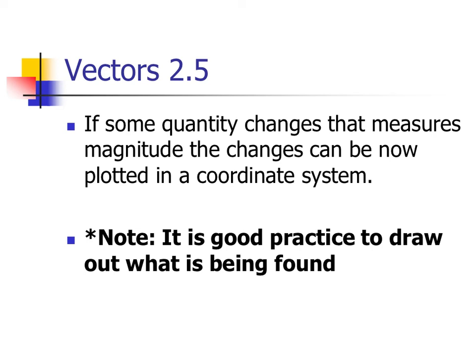If I just said a car drives down the street, stops, and then turns left, okay, most of us could probably envision that. But you're envisioning it in your head. That doesn't translate to the paper very well.